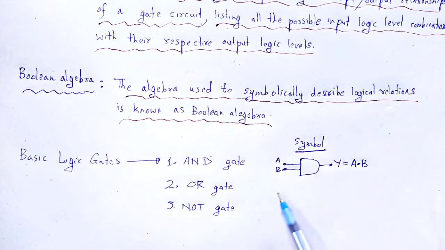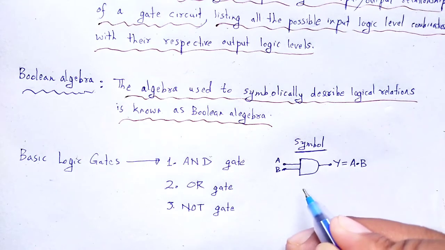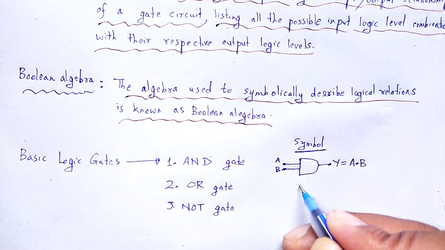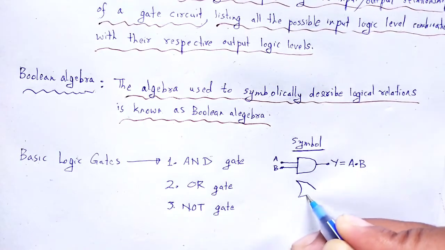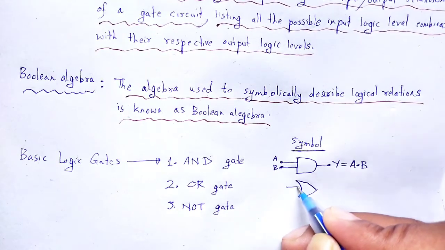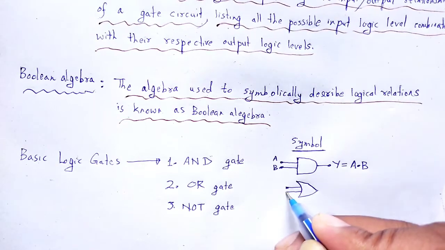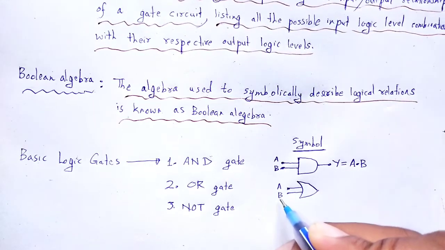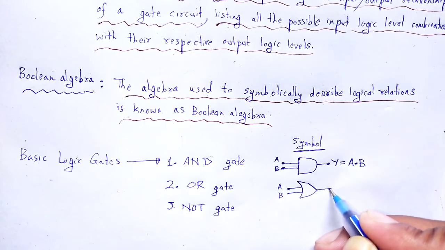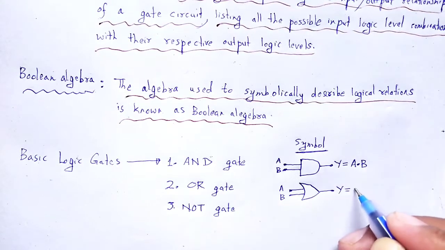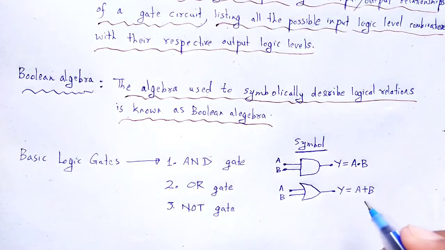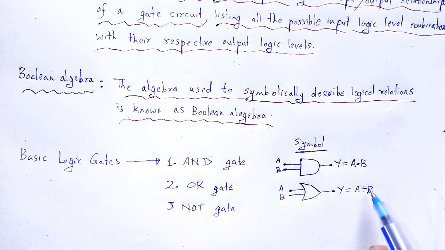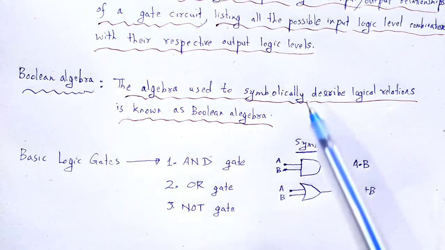That dot is referred to as the Boolean algebra symbol. For the OR gate, it is represented as two inputs, let A, B, one output Y represented as A plus B. Plus is the symbol in Boolean algebra.